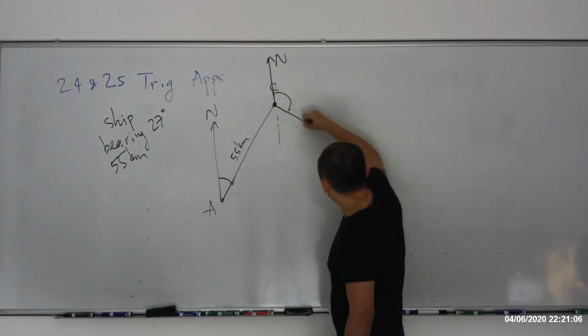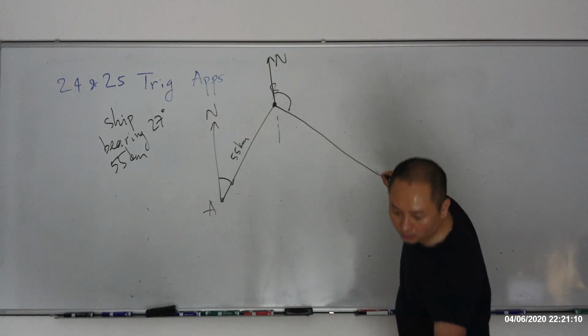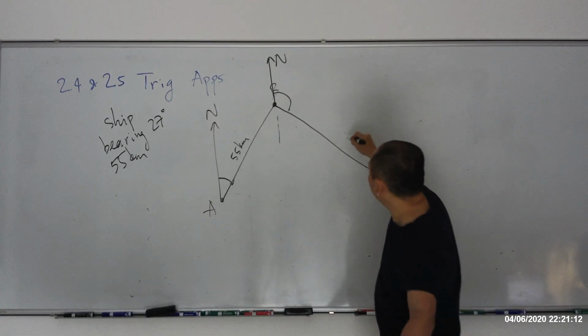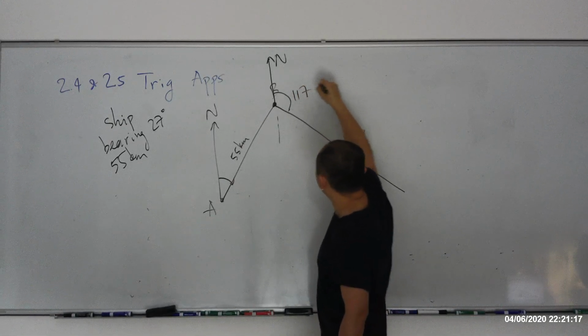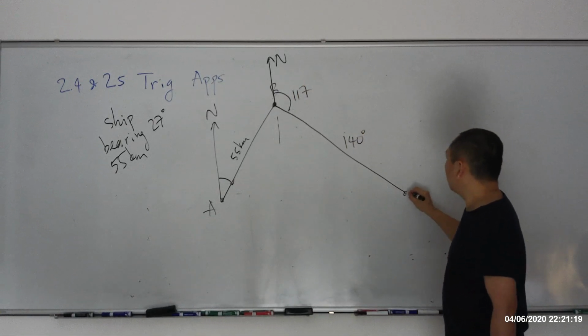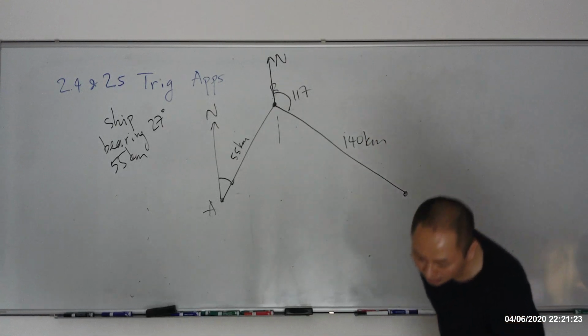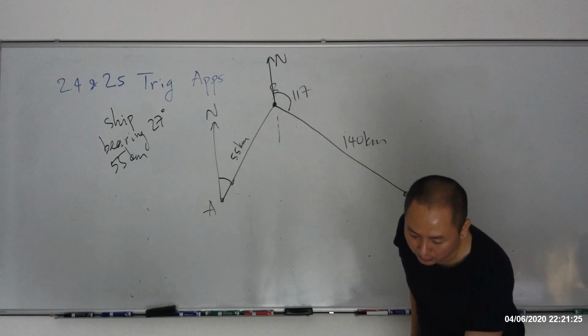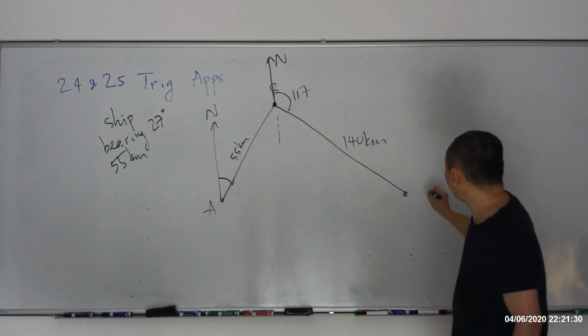It's going to travel 140 kilometers, and this angle is 117 degrees. Let's call this point C then.